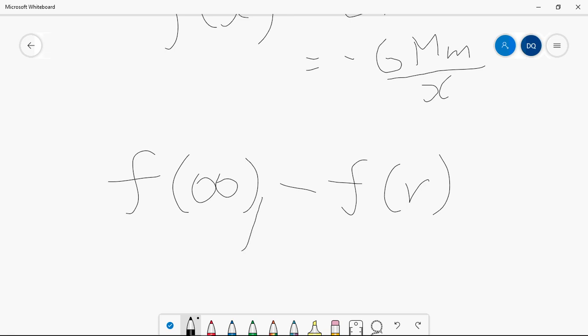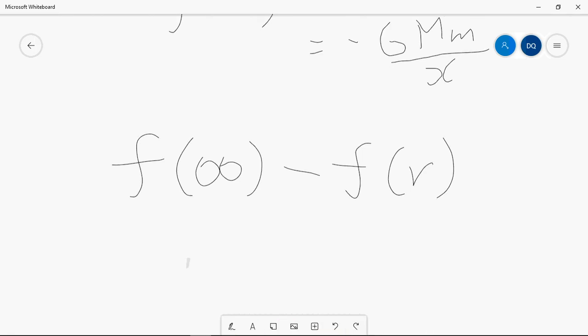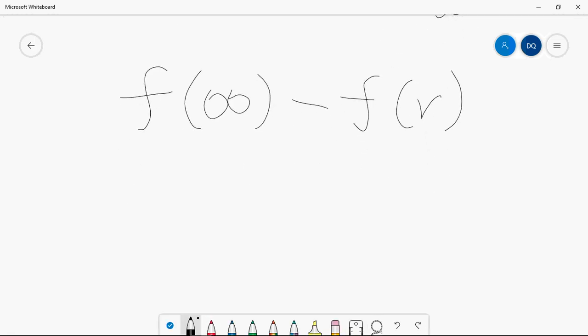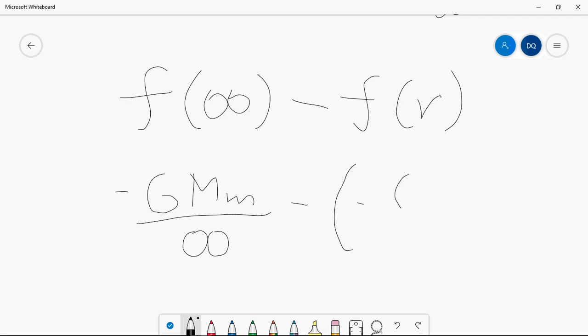So that function at infinity is going to be negative G M m over infinity, and then we subtract from that the function at r, which is going to be negative G M m over r.